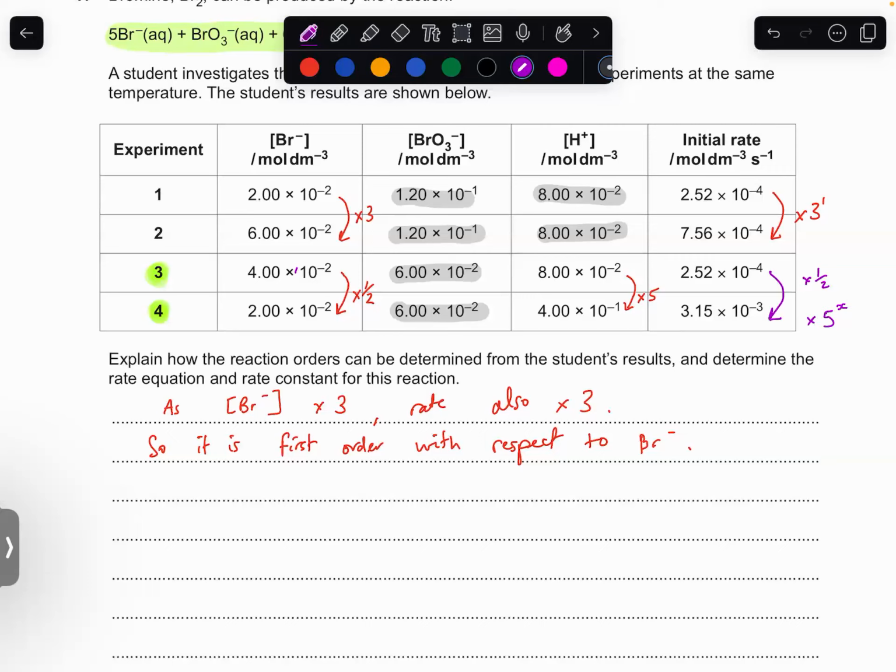So let's times by 5 squared. Wait a minute. 2.52 times 10 to the minus 4, let's times that by half, and then multiply that by 5 squared. So let's see, is it second order? And yes, it is. It is second order.